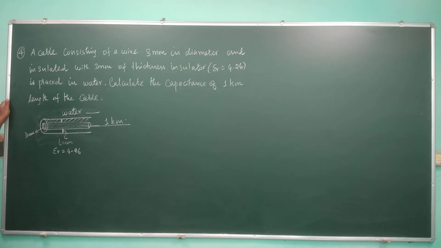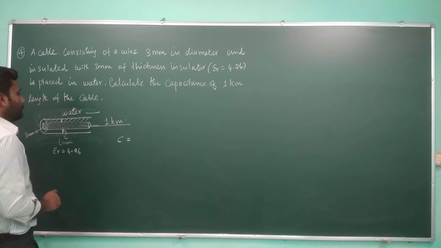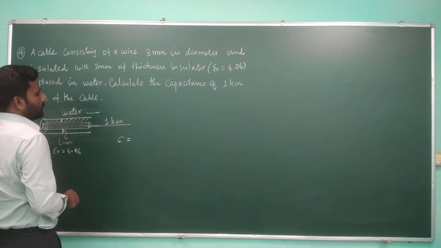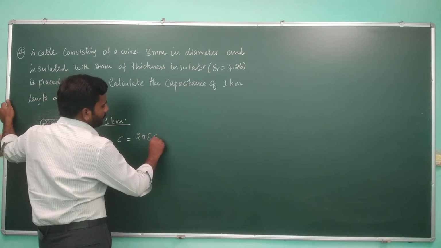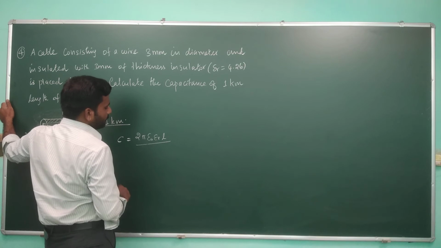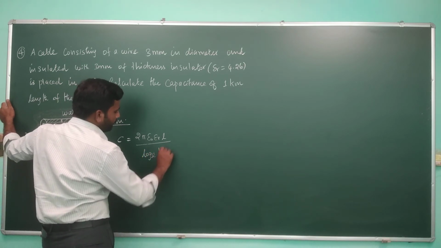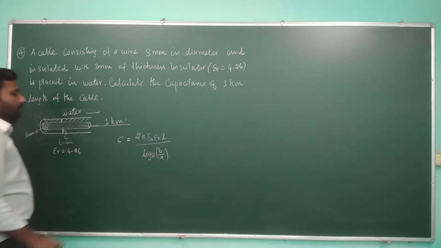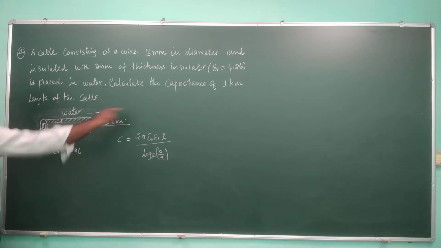That is the idea. So the formula for the capacitance of a cylindrical capacitor, in this case, will be 2 pi epsilon naught epsilon r L divided by log base e of B by A, where B is the outer radius, A is the inner radius of the cylinder, and L is the length of the cylinder.